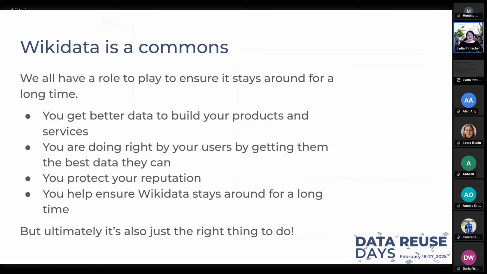We all have a role to play in that, and it's important for you as a builder of an application because you get better data for your application or service. You're doing a service to your users because they are getting better data that they're exposed to. You're protecting your reputation, and ultimately you're ensuring that Wikidata stays around for a long time and can sustain itself.